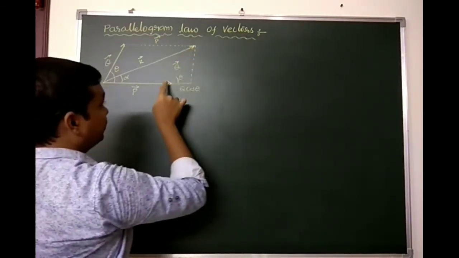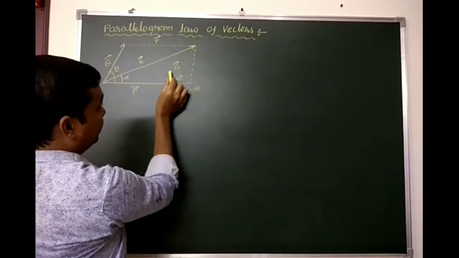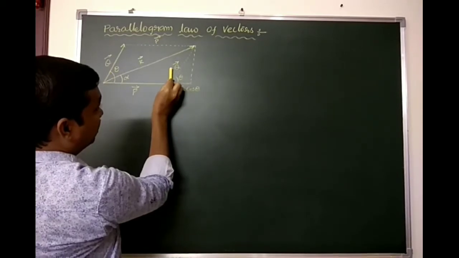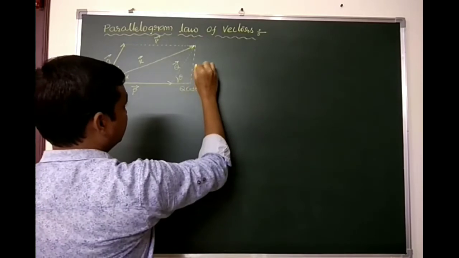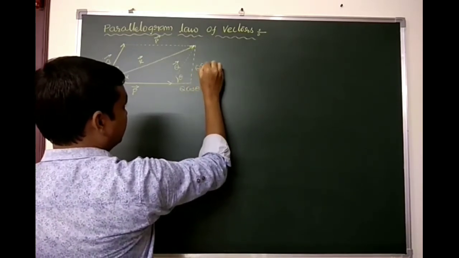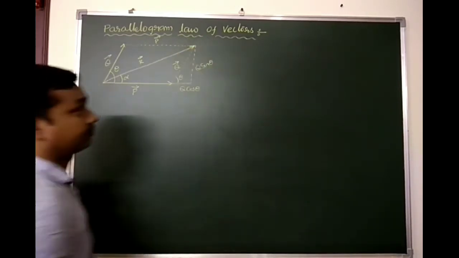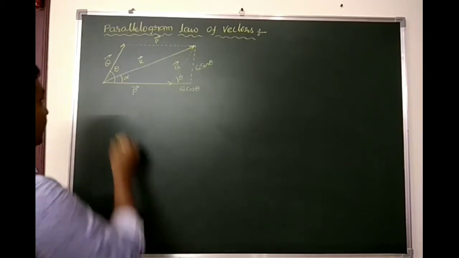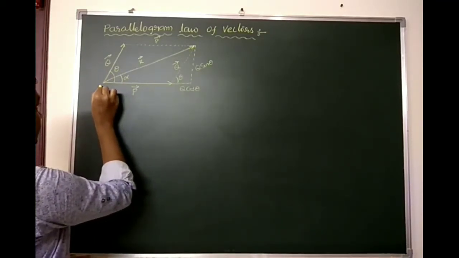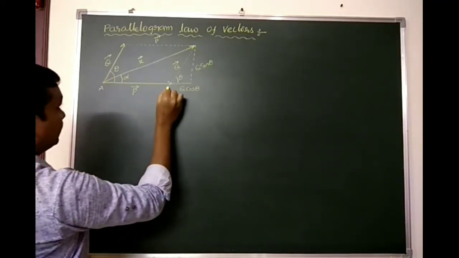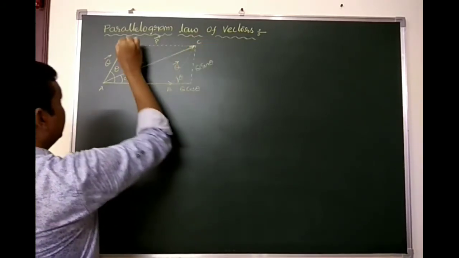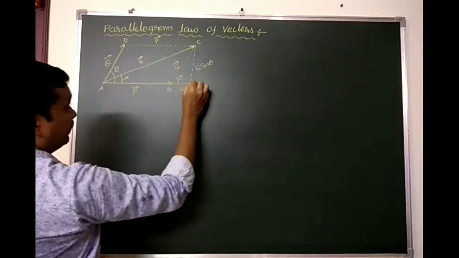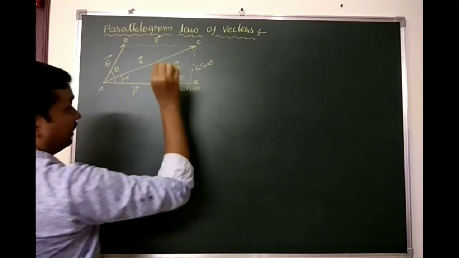Along the vertical direction, since parallel vectors are the same, we get one more component, Q sin theta. I am naming the points A, B, C, D and E.